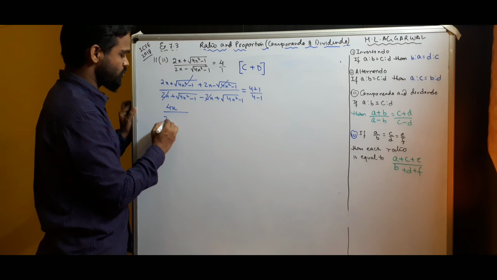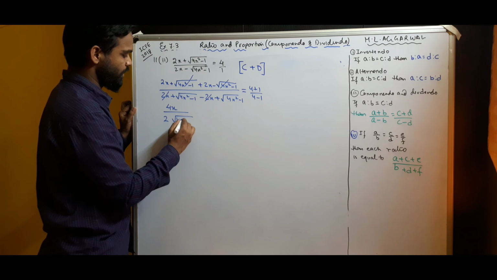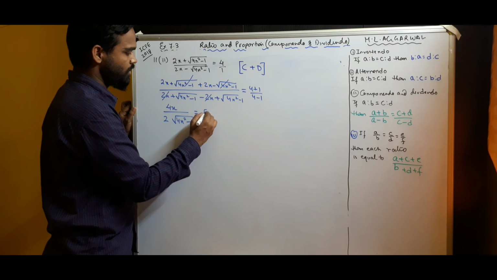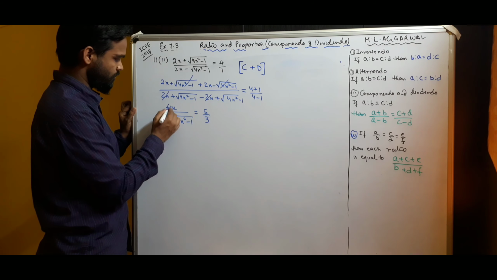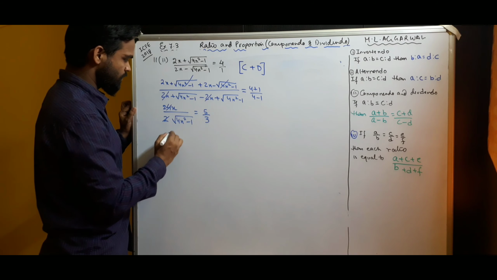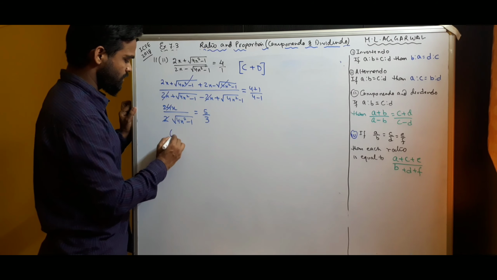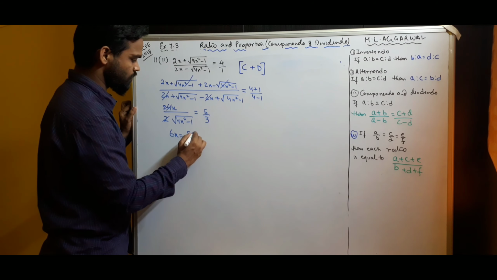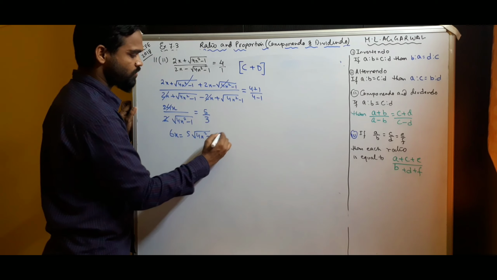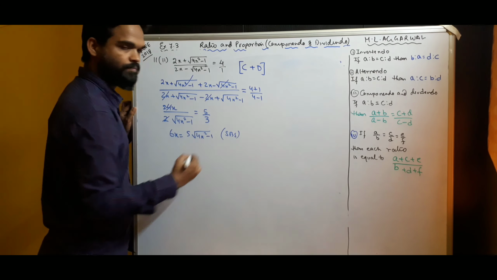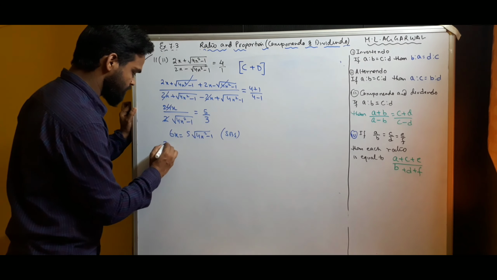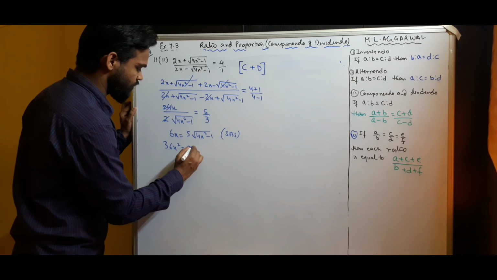So this becomes 4x by twice √(4x² − 1) equals 5 by 3, which further cancels. So this becomes 2, 3 comes over here. 6x equals 5 times √(4x² − 1). Now squaring both sides, this becomes 36x² equals 25.